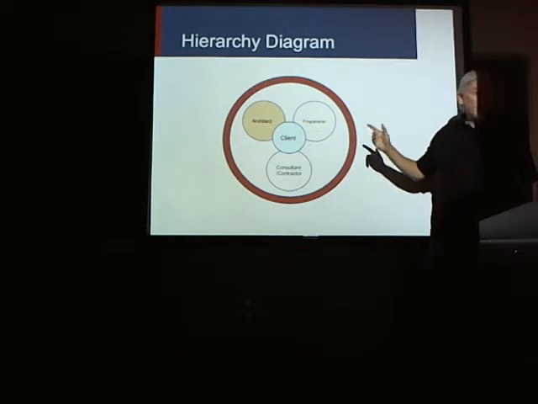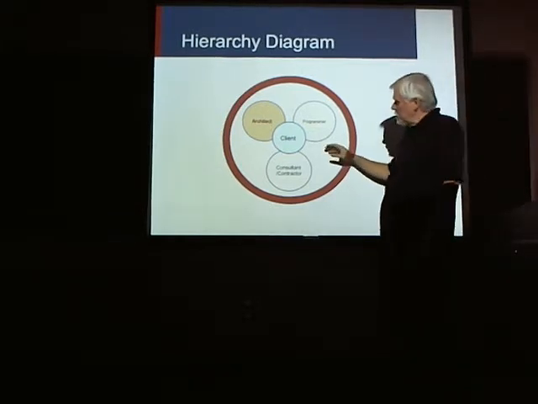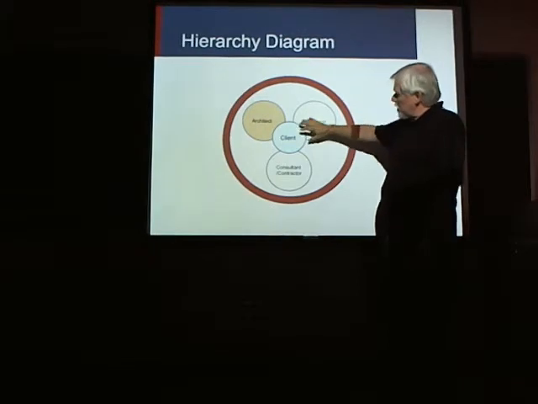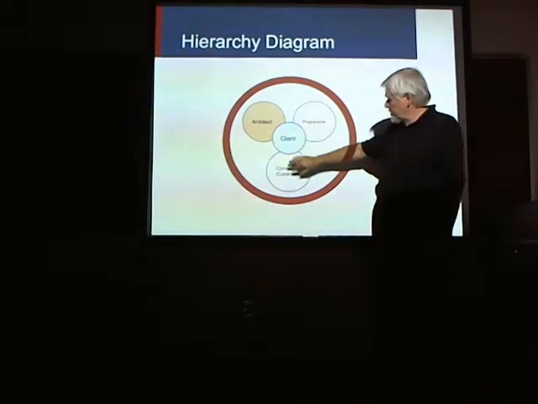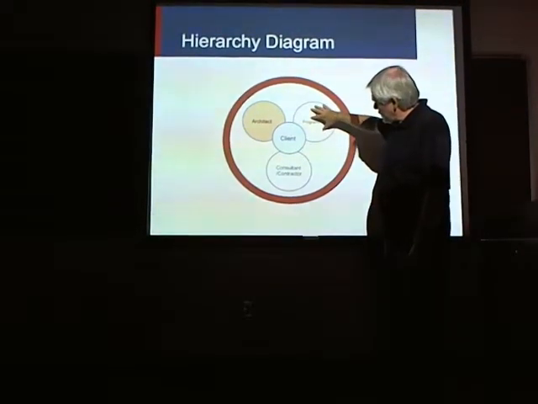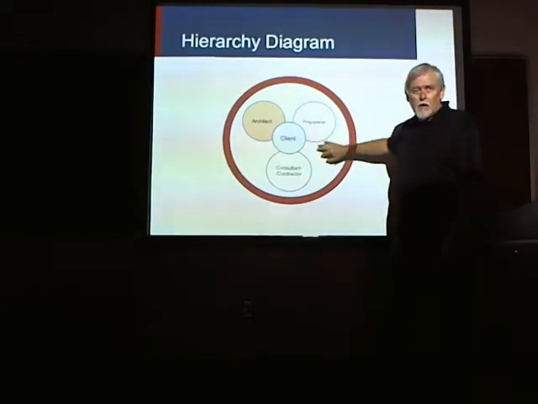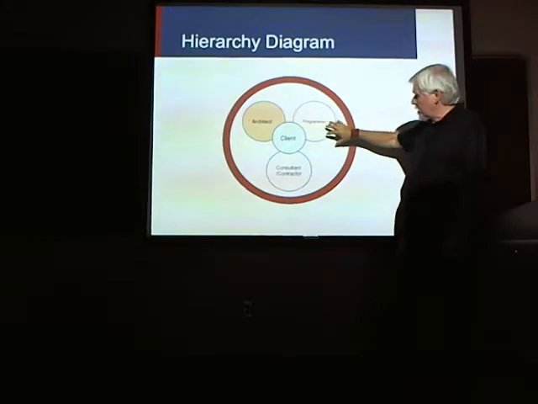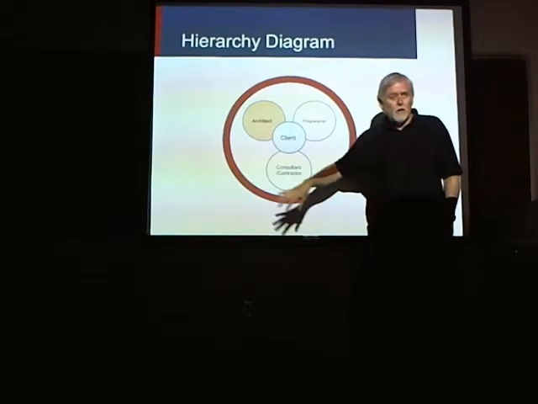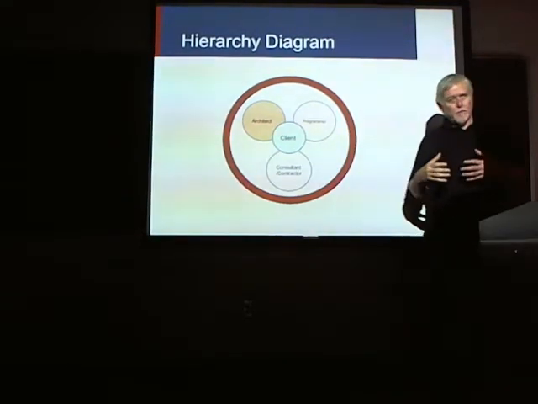But most importantly, this is not hierarchy. There's no hierarchy here. The hierarchy I get from this is the client is least important. And when you have a diagram like this, which is a circle, and you have circles within circles, there's no hierarchy there.